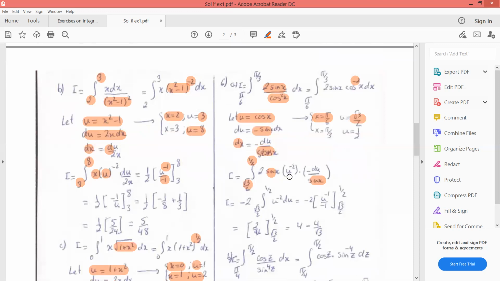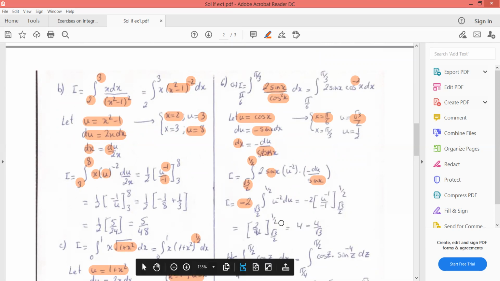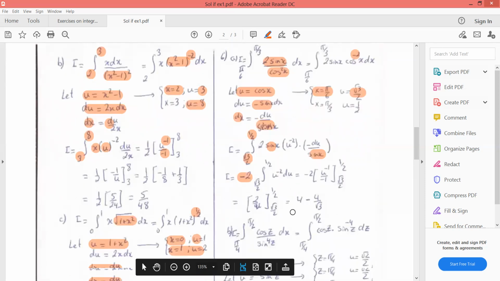We remain with minus 2; this minus and this 2 go outside the integral as minus 2. u power minus 2 becomes u power minus 1 over minus 1. So we get 2 over u. This u we bring down to make a positive power, f of b minus f of a.